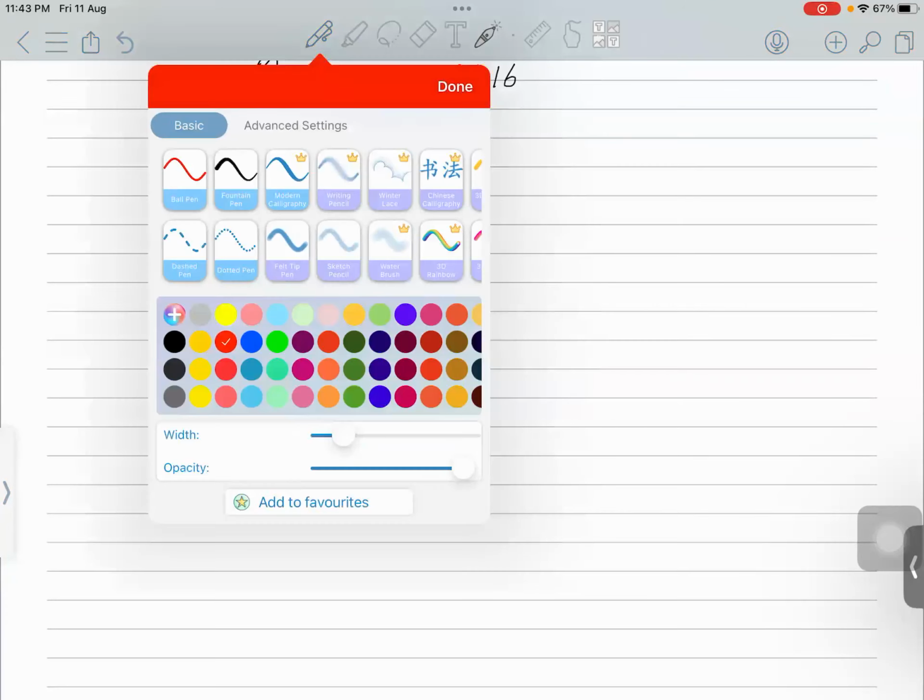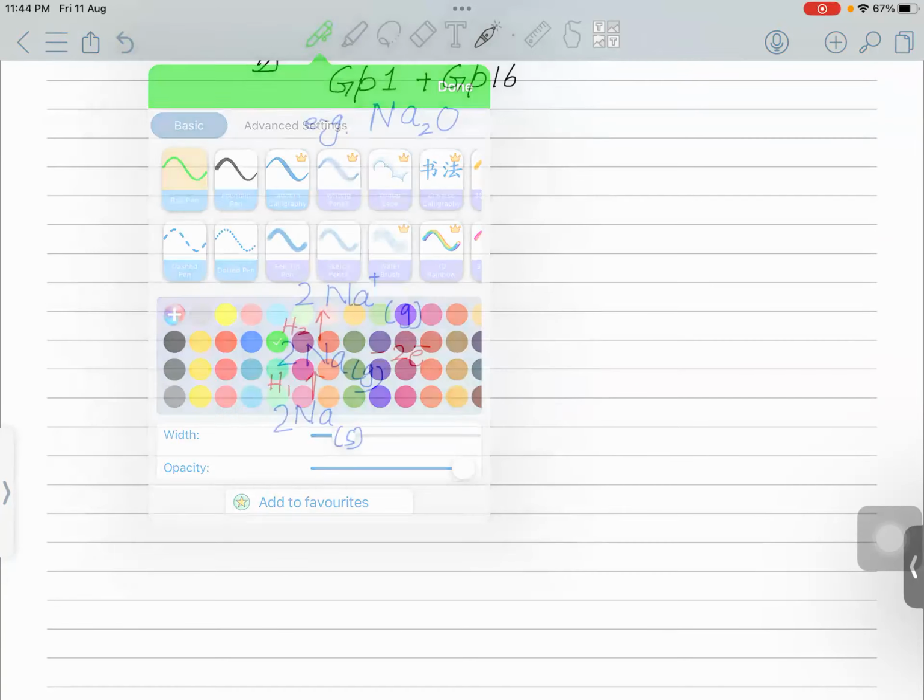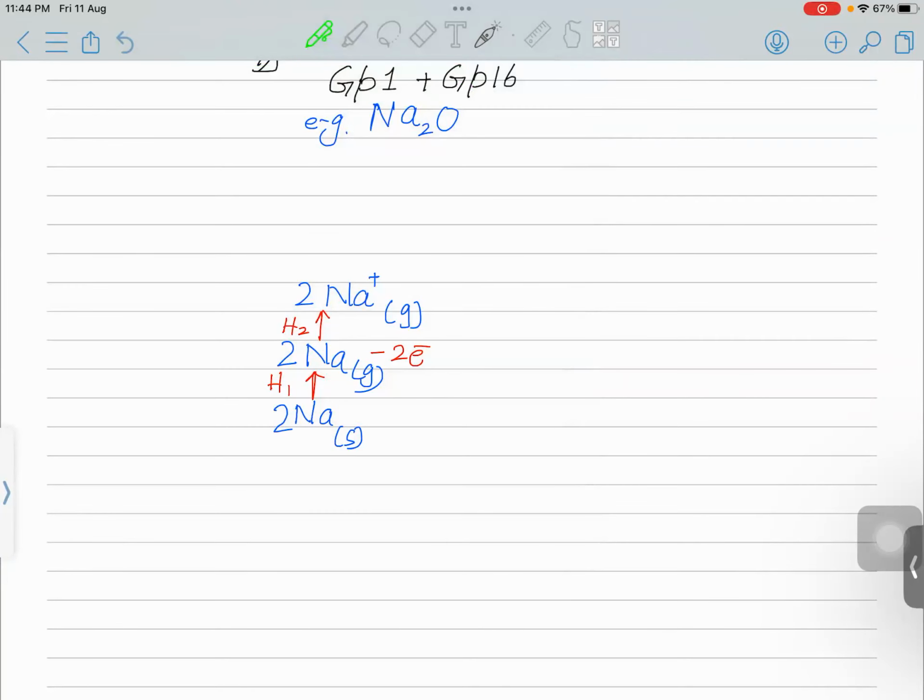Then we start with oxygen, sir. So O2 gaseous. So it will be half O2 gaseous.